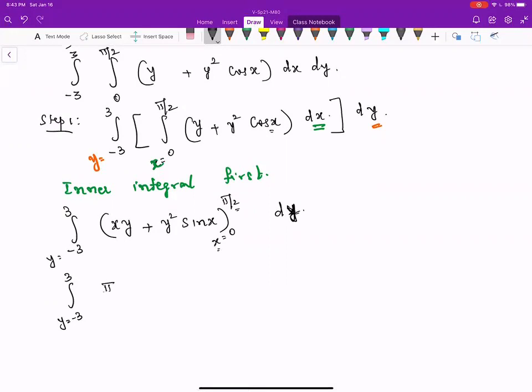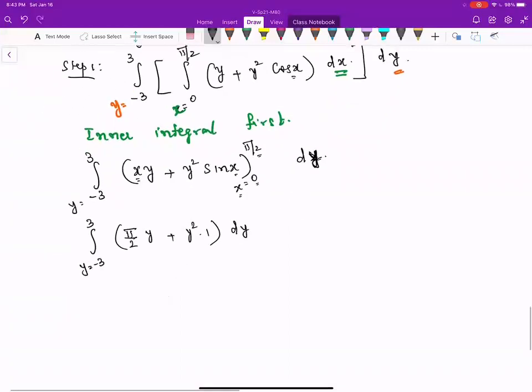So it is pi by 2 for x times y plus y square sine of pi by 2, which is equal to 1. Then you plug in x equal to 0 at the lower limit. Because of the presence of x here and sine x, the lower limit is going to be 0. So it is only an integral with respect to y now.